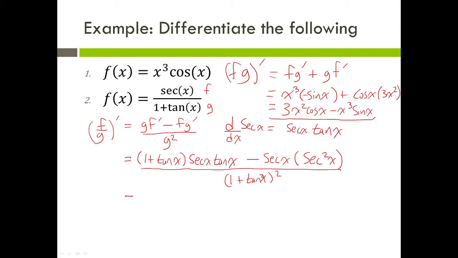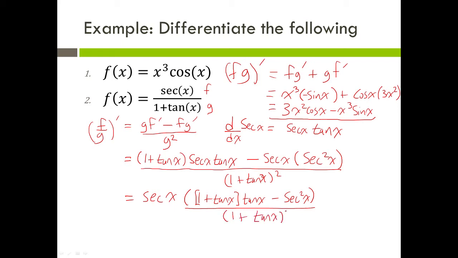Okay, we can sort of clean this up a little bit. So we would get the following. I can factor out a secant x from everything. This will leave me with 1 plus tan x multiplied by tan x minus secant squared x, all divided by 1 plus tan x all squared.